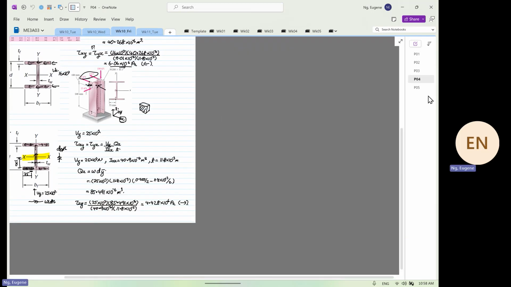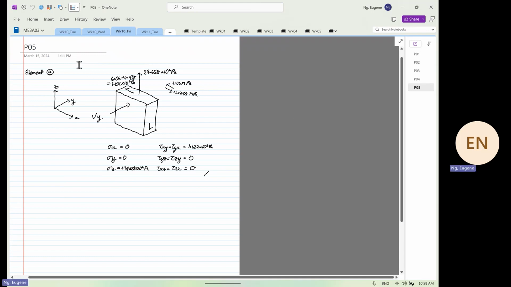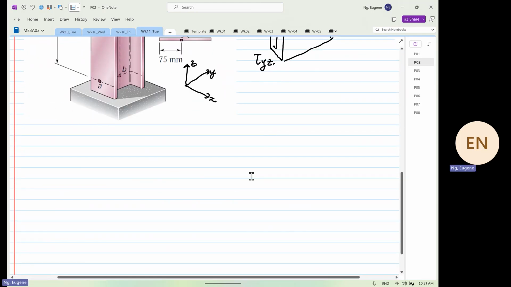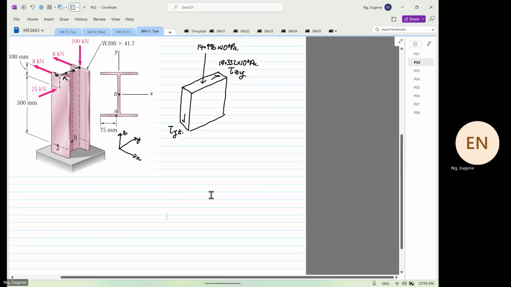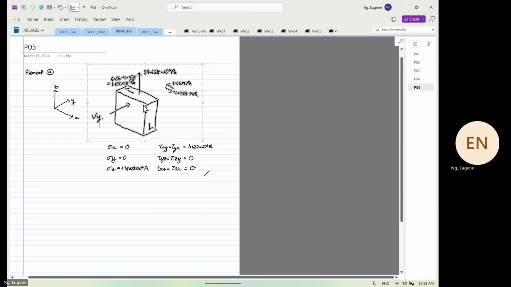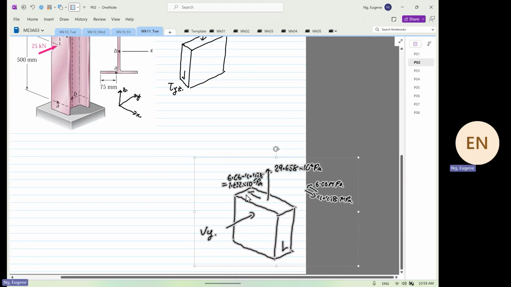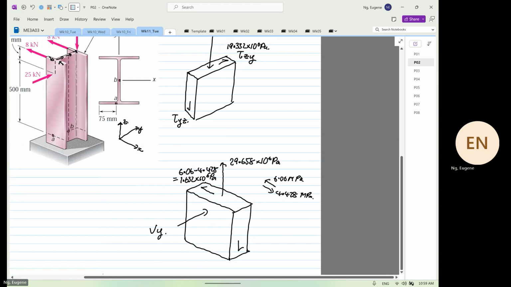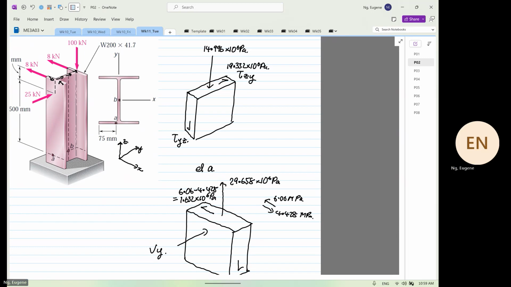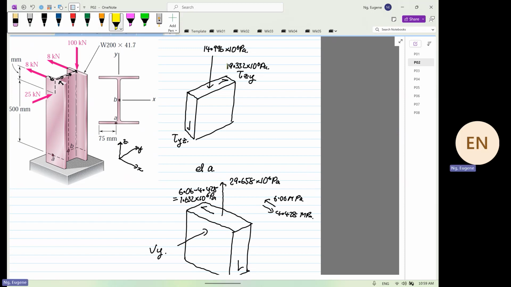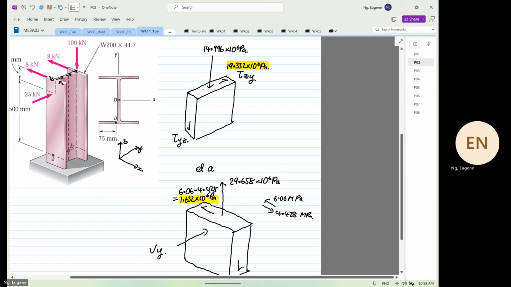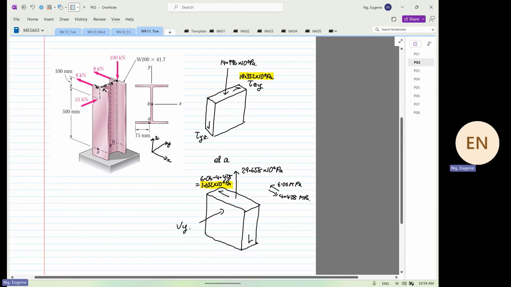From last week, on Friday, we sketched element A. If I were to bring this across, what we have over here is our element A. And I want you to look at the shear stress value.